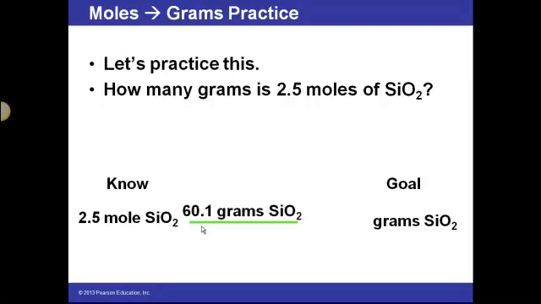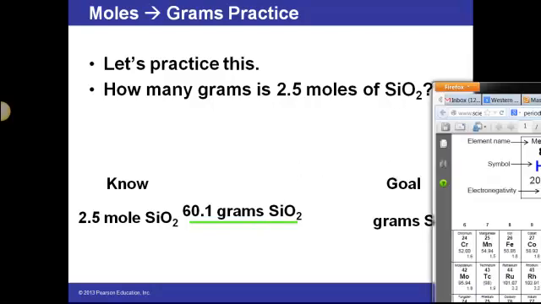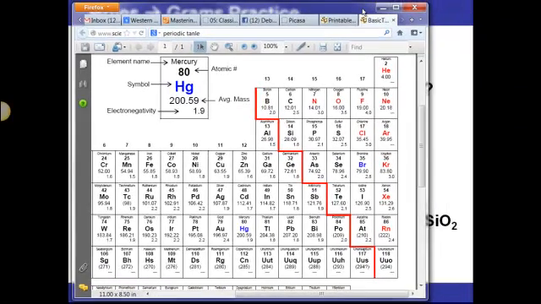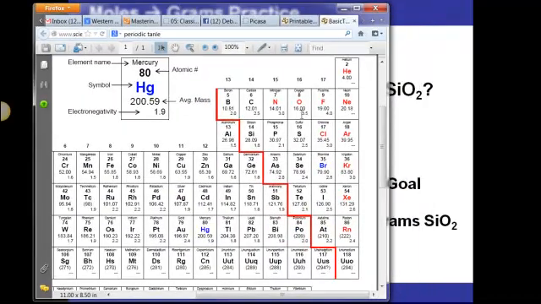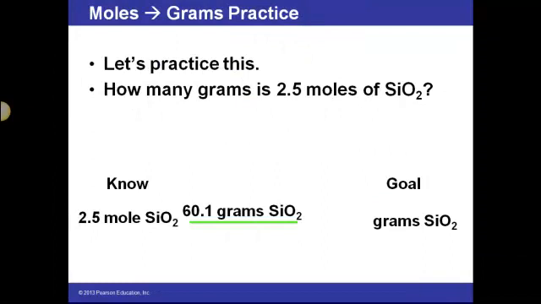If we calculate the gram weight, we'll find that an atom of silicon, if we go back to our periodic table, is 28.09 grams. We've got 1 of those, and we've got 2 oxygen atoms, each at 16. So that'd be 32 of the oxygen plus 28 of the silicon is going to equal 60.1 grams of silicon dioxide per mole of silicon dioxide.